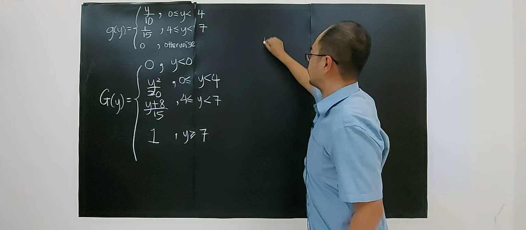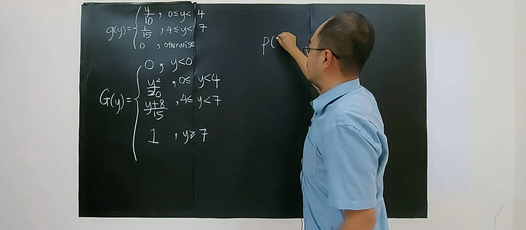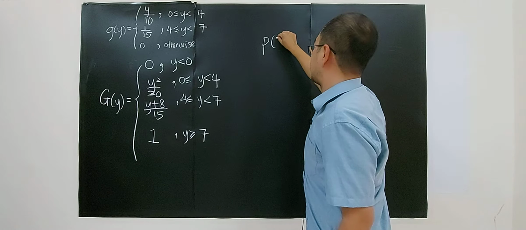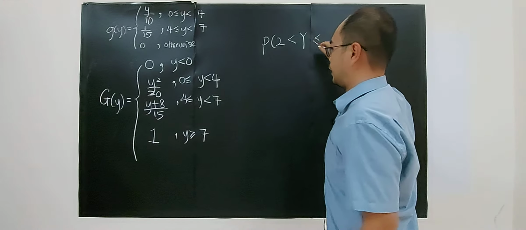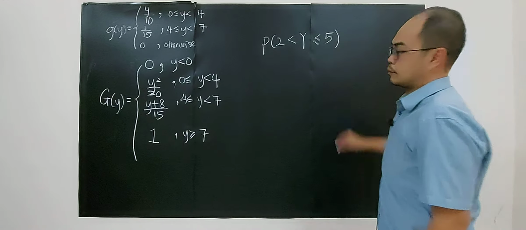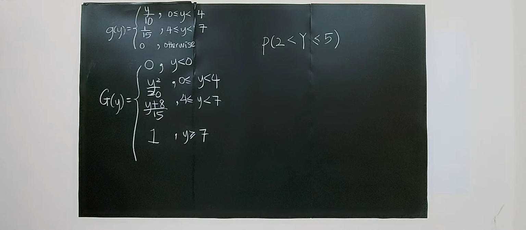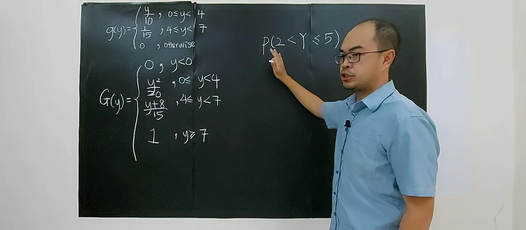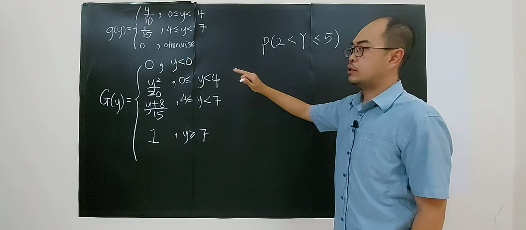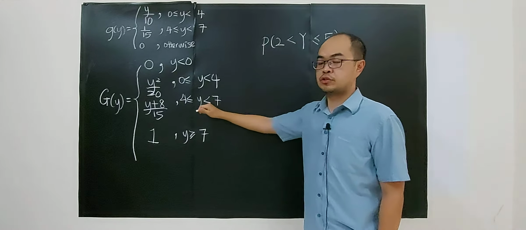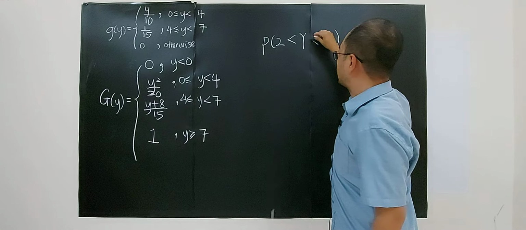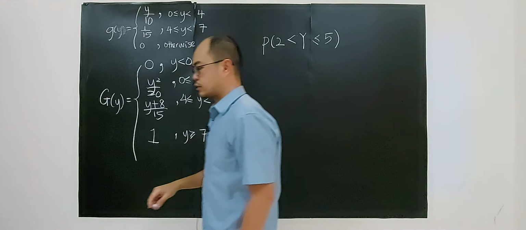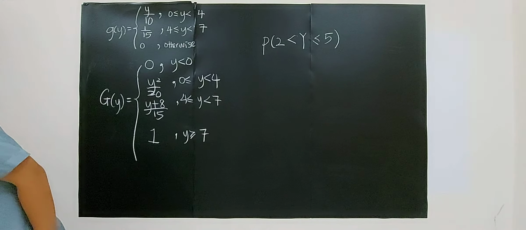So if I ask you to find the probability of y between 2 and 5, including the 5, it doesn't matter. This is special only for a cumulative distribution function for a continuous random variable: with or without the equal does not have any impact on the probability.